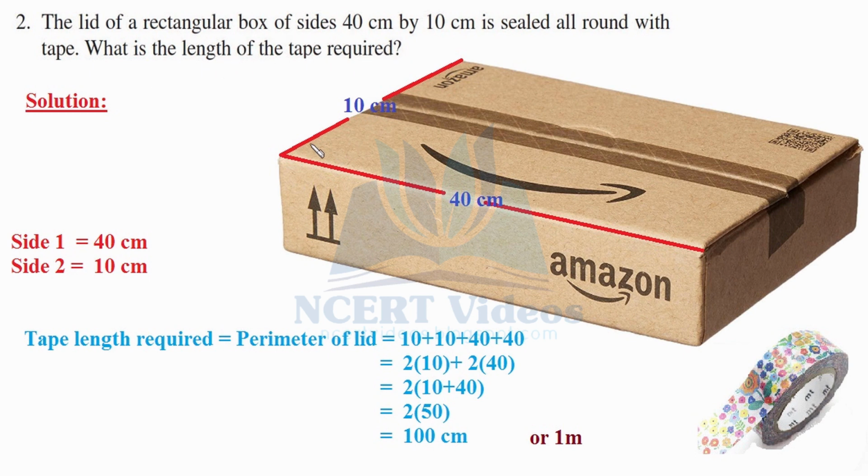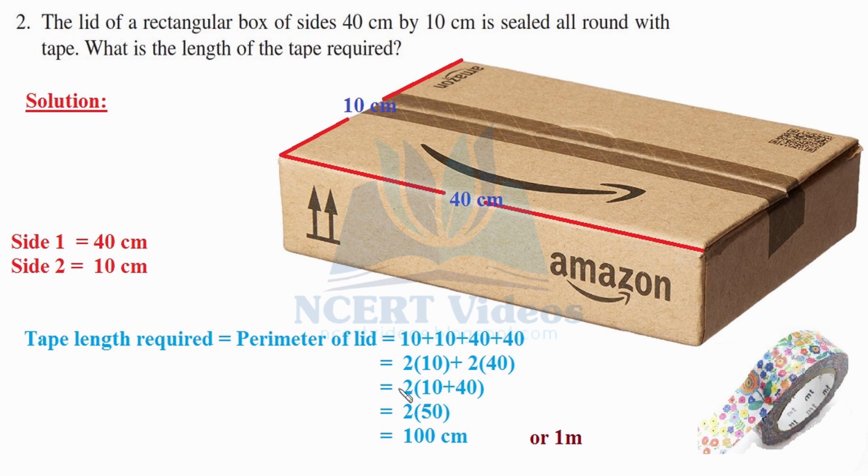Now what is the length of tape required? Well, the length of the tape will be equal to the perimeter. So side 1 is 40 cm, side 2 is 10 cm, and the perimeter of the lid is 10 plus 40 plus 40 plus 10. So 10 comes 2 times, therefore we take 2 into 10.